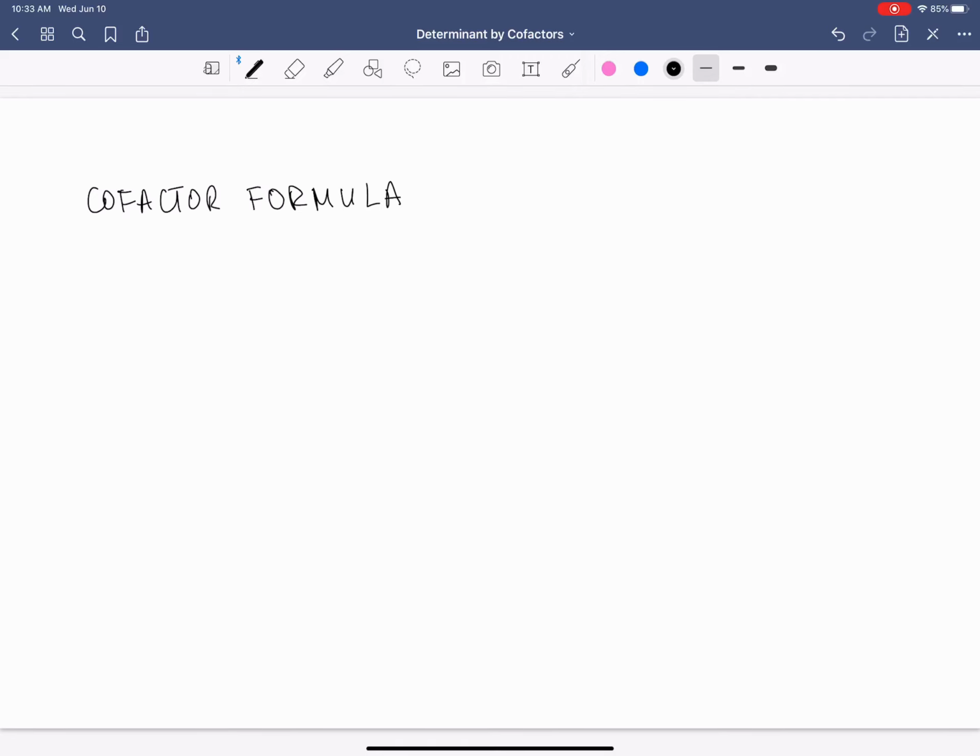Of course, I hope you don't have to memorize the cofactor formula. You've already understood it and you know how to apply it. But it goes like this. You can expand along any row, and that is written in the following way.